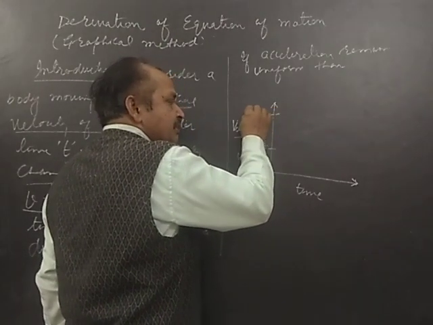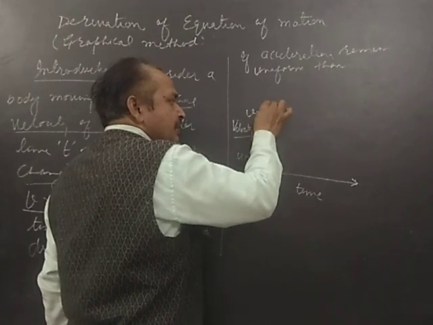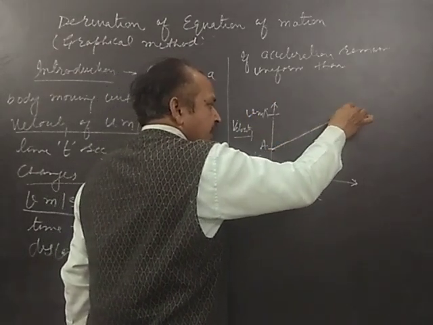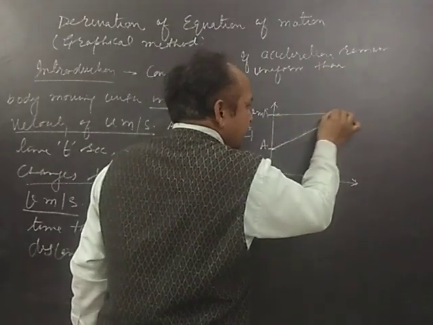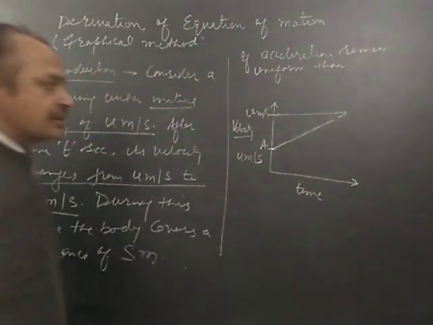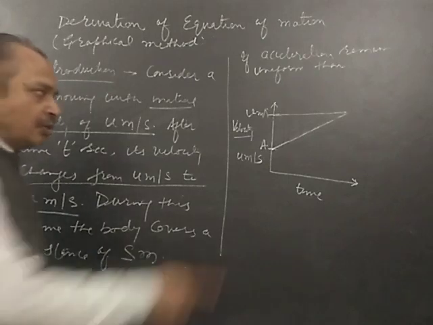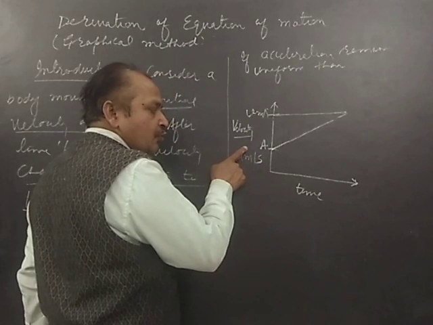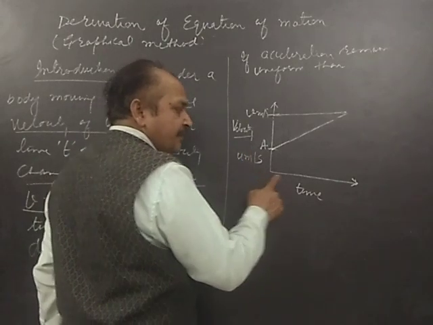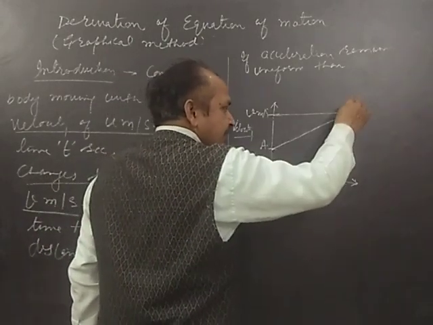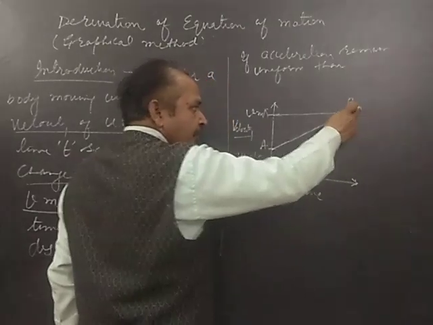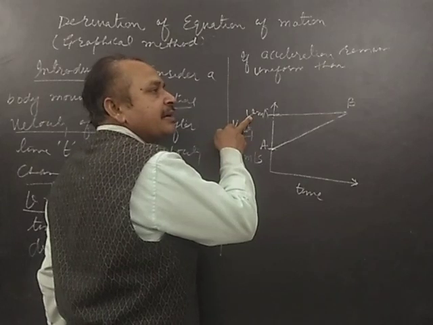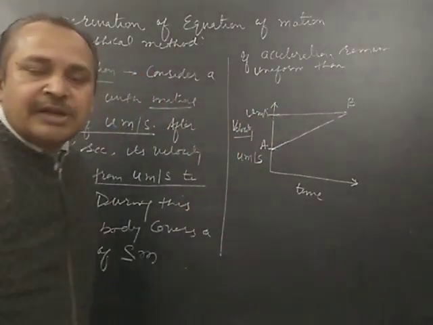So if this is my v meters per second, then this will be the graph which will be representing this type of motion. So the body starts from A with a velocity of u meters per second, and after time t seconds it reaches the position B where its velocity is v meters per second. Any doubt about the diagram?